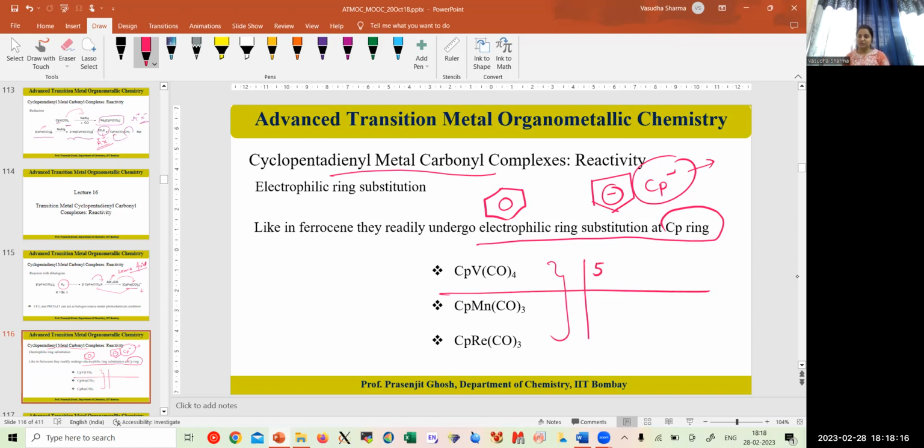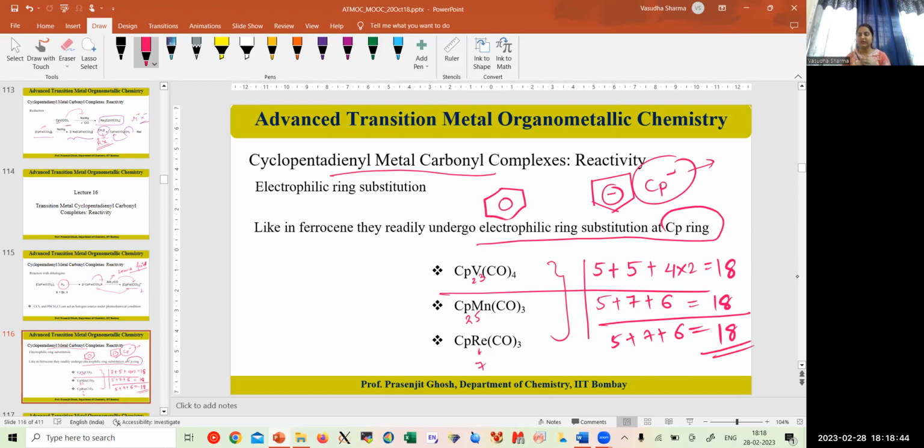The Cp will give you 5, vanadium will give you 5 because its atomic number is 23, and manganese, at atomic number 25, is in the same group as manganese so it will contribute 7. Carbonyl 4 into 2 gives you 18. And here 7 plus 6 also gives you 18. And here also 5 plus 7 plus 6 gives you 18.